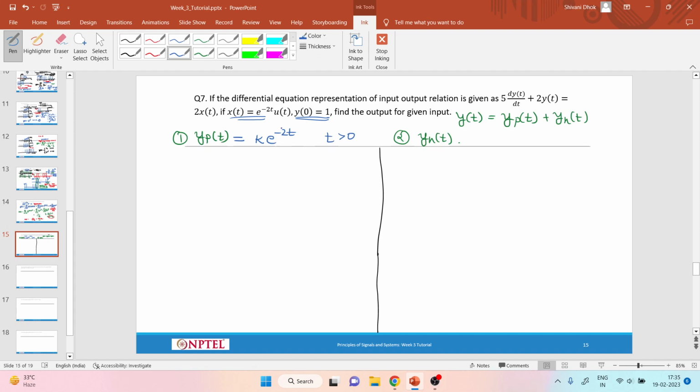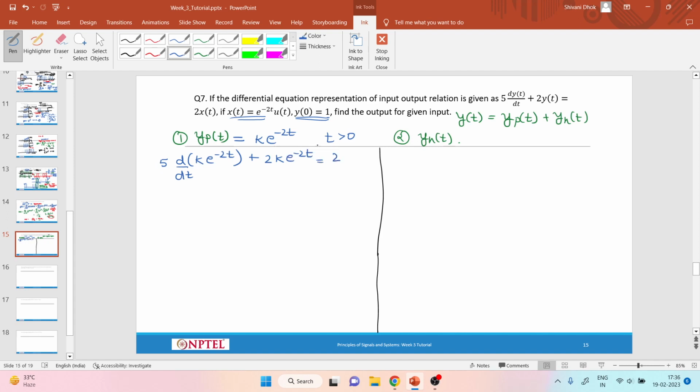So this is what we have here, and now let us put this in the given differential equation. What we have is 5 into d/dt of yp of t, that is k e^(-2t), plus 2 into yp of t, that is 2k e^(-2t), which is equal to 2 into x of t.